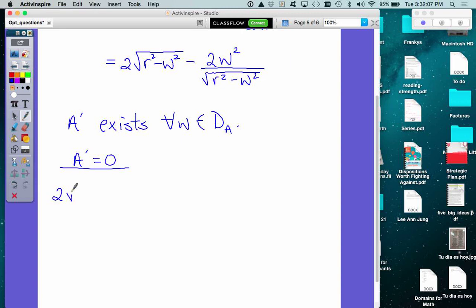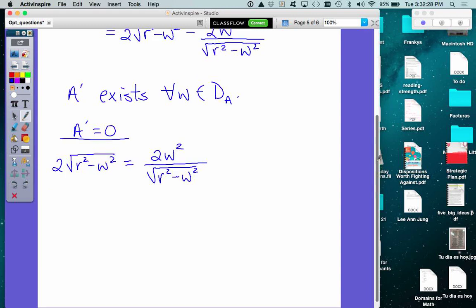So what I've effectively got here is 2 times the square root of r squared minus w squared equaling 2w squared over the square root of r squared minus w squared. Now if I multiply the square root over, I can divide both sides by 2, and that's going to eliminate the 2's. And I'm going to be left with r squared minus w squared on the left-hand side, and that's going to equal w squared on the right-hand side.